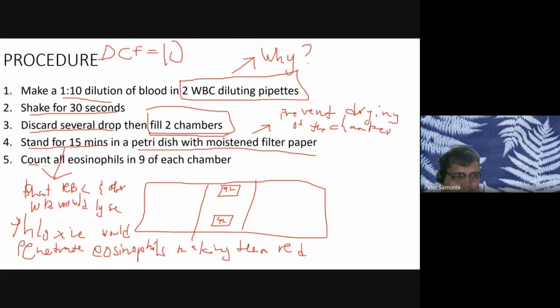Then you're going to count all eosinophils in 9 large squares of each chamber. So what is your ACF, class? What is your area correction factor if you're going to count 9 large squares?